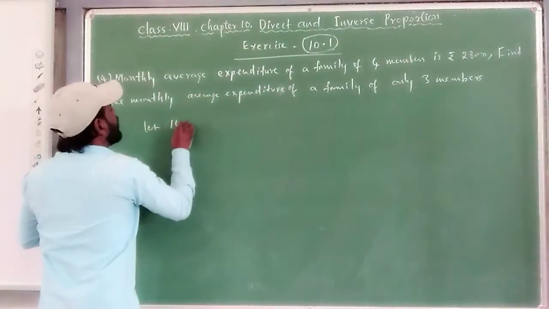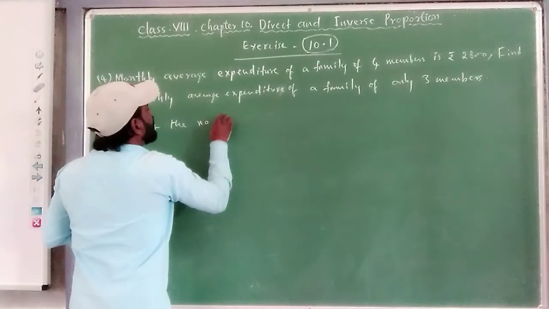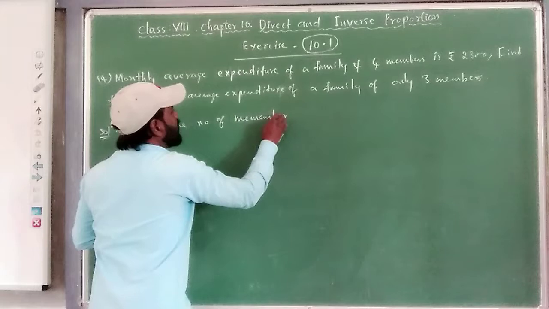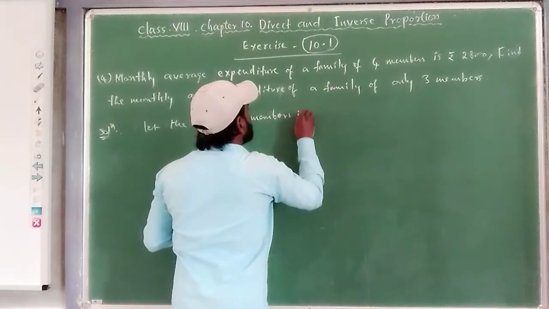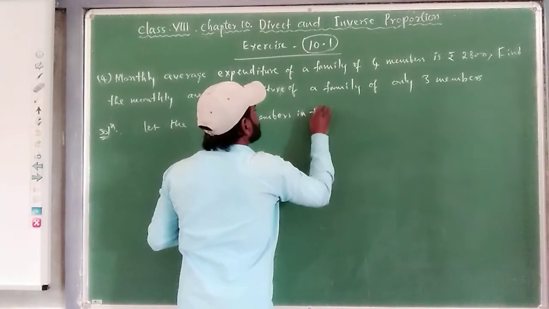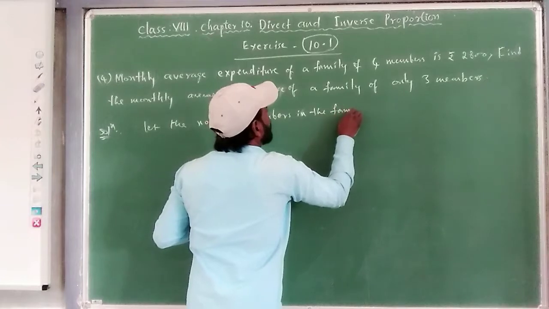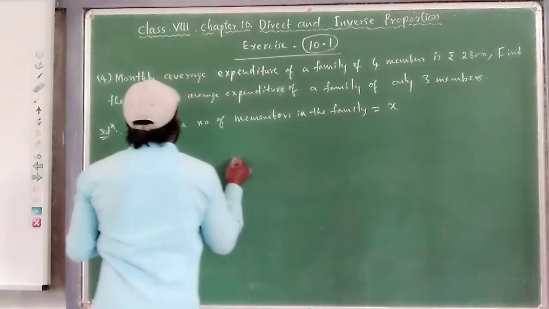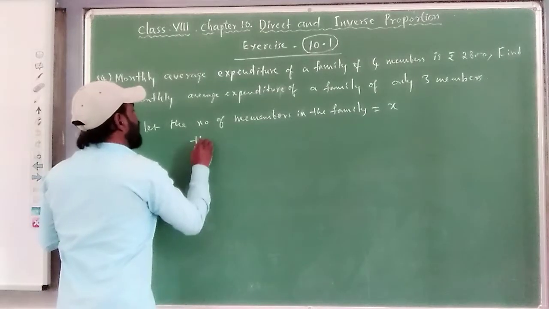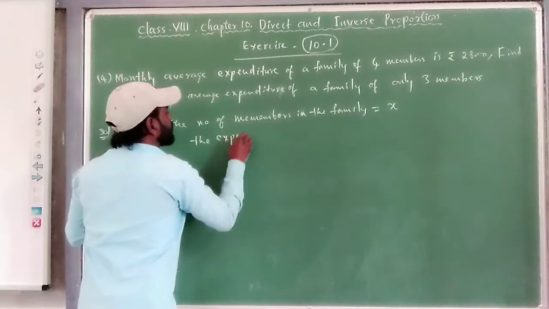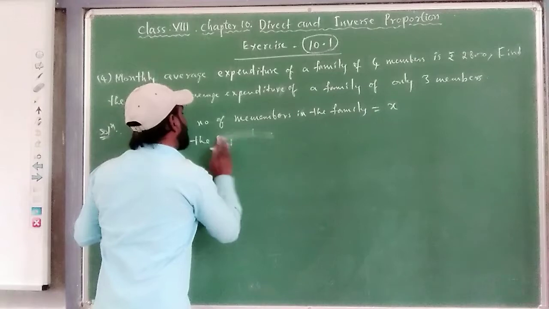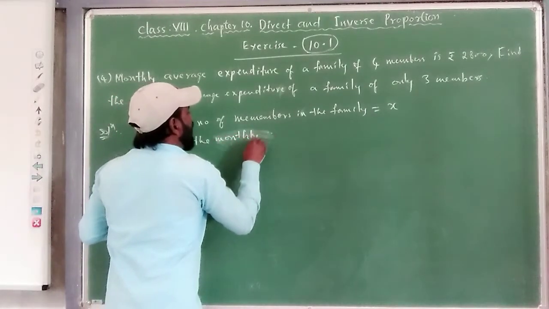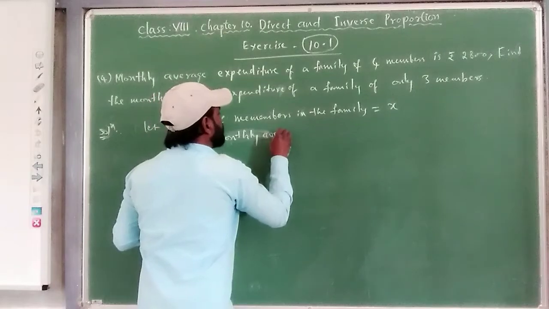So let the number of members in the family be x, and the monthly average expenditure of the family be y.